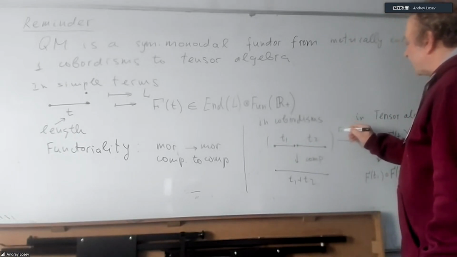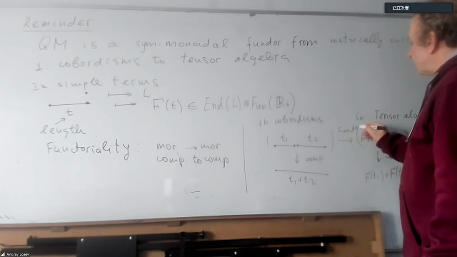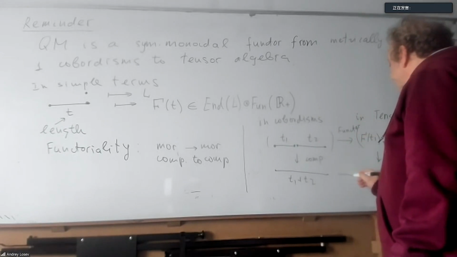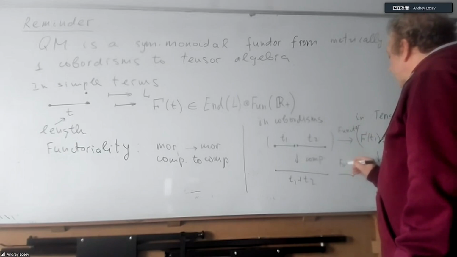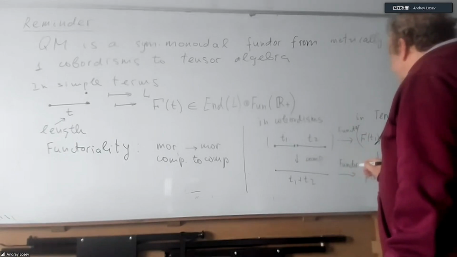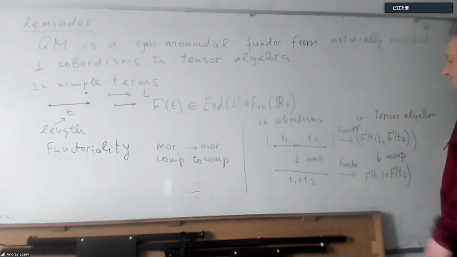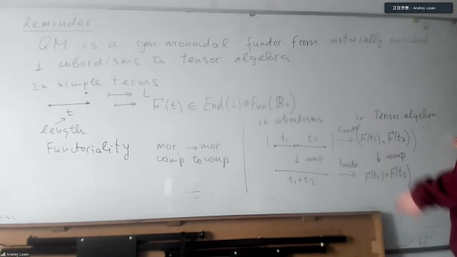So here is the functor, and here is the functor. So this diagram is commutative.